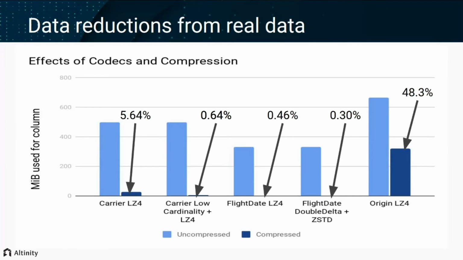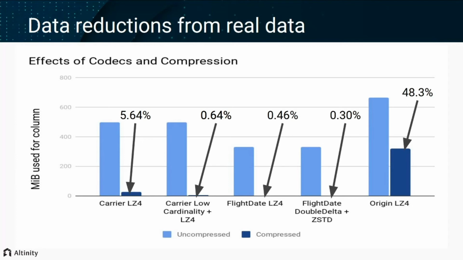This graph shows you some of the effects of this compression on column sizes. So the light blue bars are the uncompressed sizes of columns. They're measured in megabytes. So for example, we have carrier, which is one of our fields. It's just using out-of-the-box LZ4 compression, and we get down to 5.64% of the original data size.